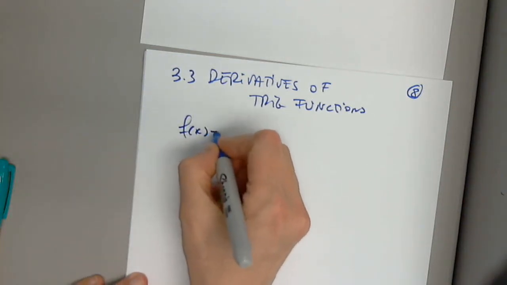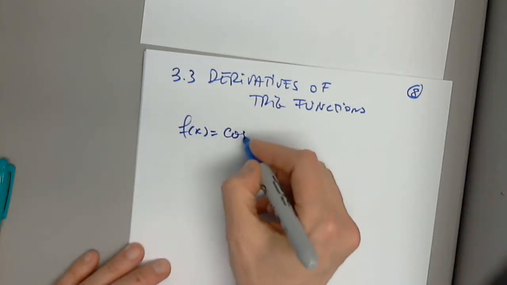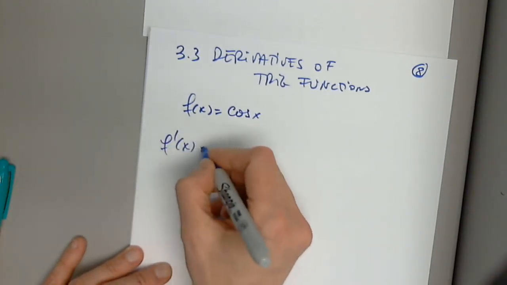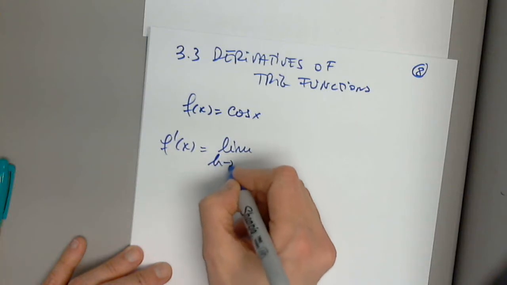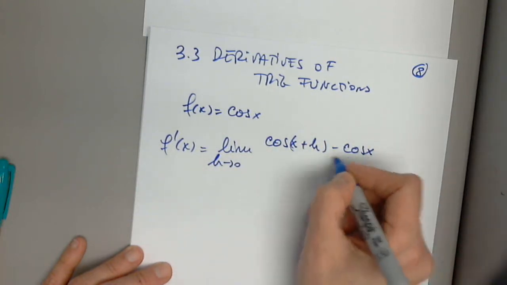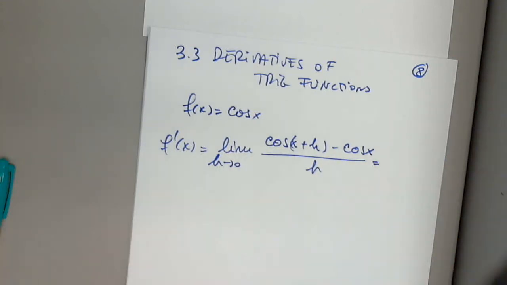And if you choose, let's say, cosine, I go through the entire proof showing that f prime of x, which is the limit as h approaches 0 of cosine of x plus h minus cosine x divided by h, is such and such. I can show you the process. It's a long process. I'm not going to ask you to do it. We can do this sometime when we have time. We can go back to it.